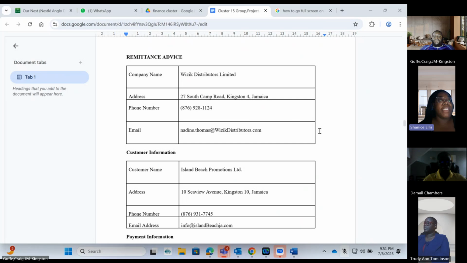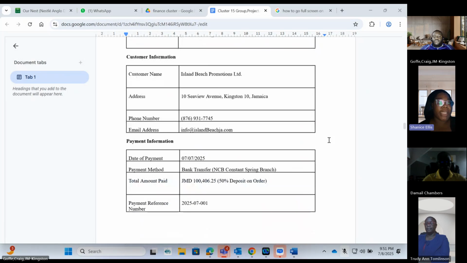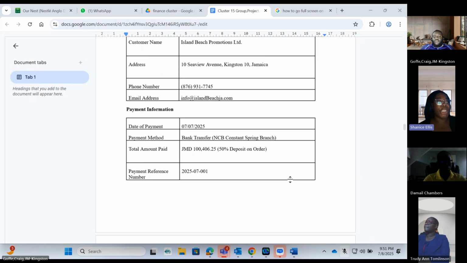And it also maintains secure, complete records. So the remittance advice, overall, is used to ensure accuracy and accountability, smooth procurement workflow, financial control and ethical compliance. And then we'll move on to our petty cash voucher.